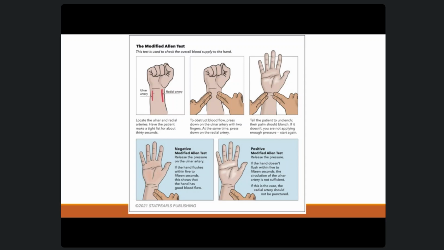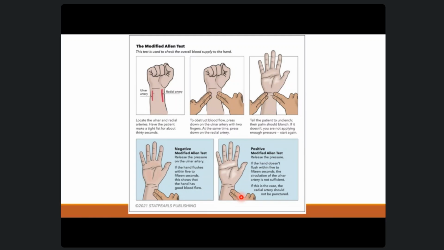This is a negative Allen's test. The negative is normal because it turned red. The positive is when it remained pallor despite release of the pressure.